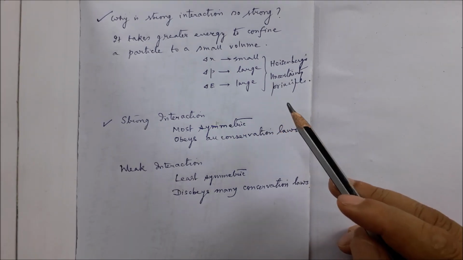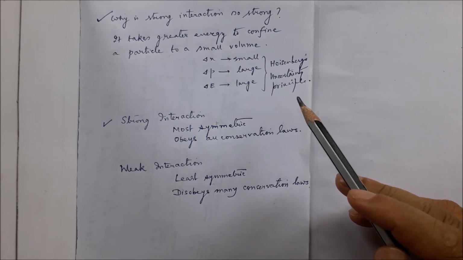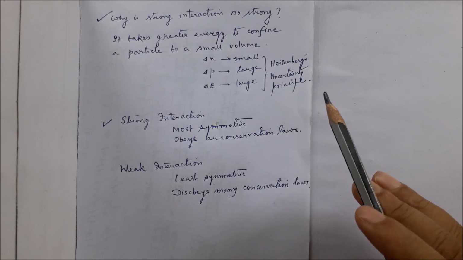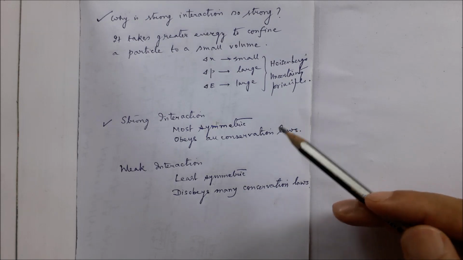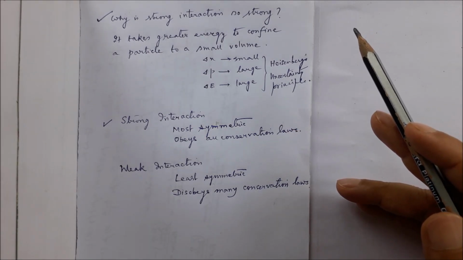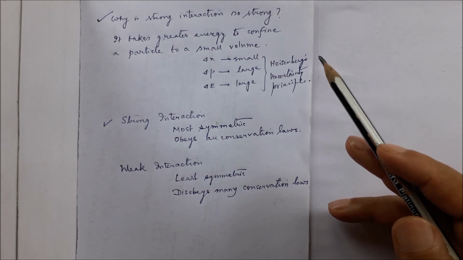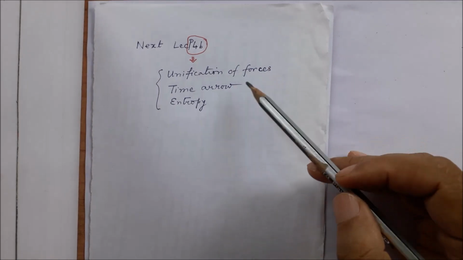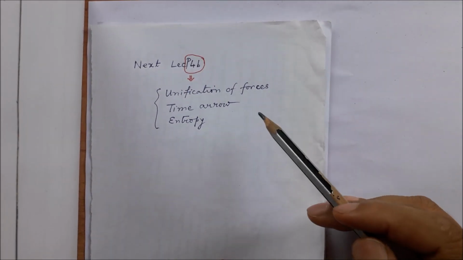And weak interaction is the bad guy who disobeys most. There is no shocking thing about this, since if all interactions obeyed all the laws, then that means there will be only one interaction in nature. In a future lecture, we can address these things: unification of forces, time arrow, entropy.